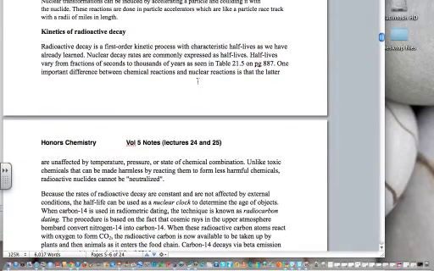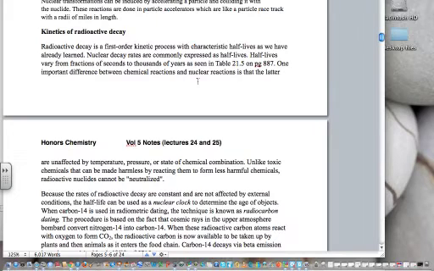The kinetics of radioactive decay is pretty straightforward. Now, in the course that you are finishing up, we did not really talk about kinetics, but in order to really look at half-lives and so on, which we're going to talk about in a moment, you really have to think about the kinetics of what's going on here.